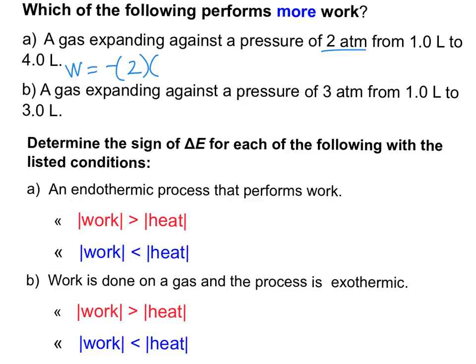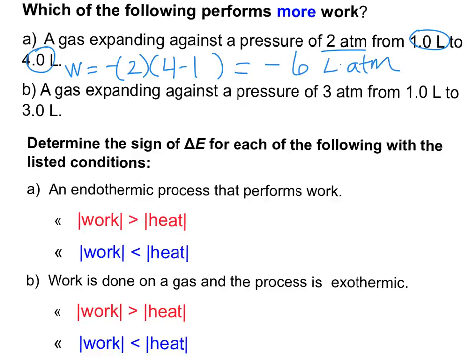My change in volume is final minus initial liters. So my answer here is, oops, I already made a mistake. Gosh, I'm so good. It's 4 minus 1, because that would be 1 liter initially. So final 4 liters minus initial 1. That'll give us a 3. So that comes out to be negative 6 liter atmospheres.